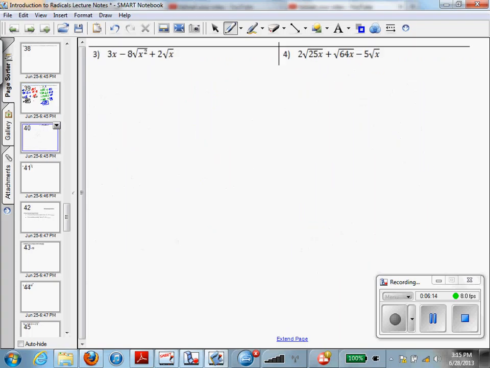Looking at examples 3 and 4, we have 3x minus 8 times the square root of x squared plus 2 square root of x.